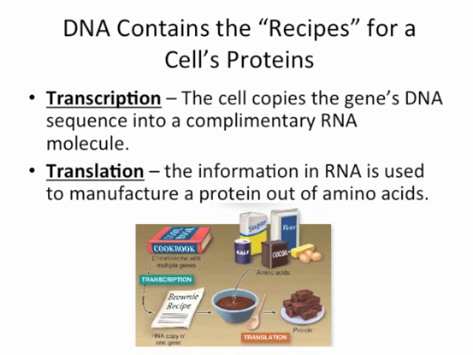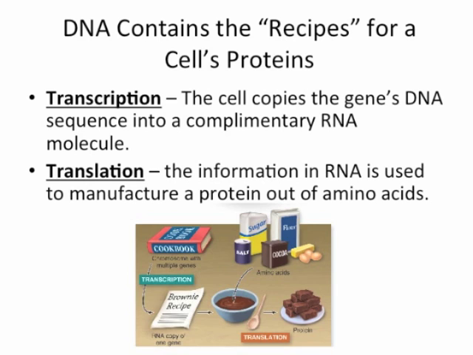Okay, so again, the two steps of making a protein are transcription and translation. Transcription is when the cell is going to copy the gene's DNA sequence into an RNA sequence. So it's basically like you took your cookbook and you wrote down the recipe.